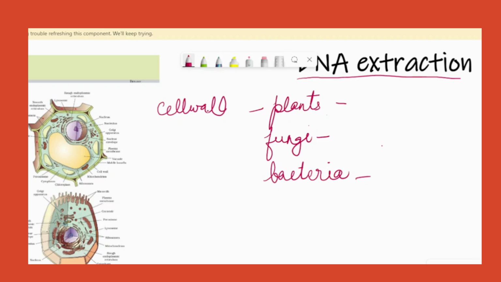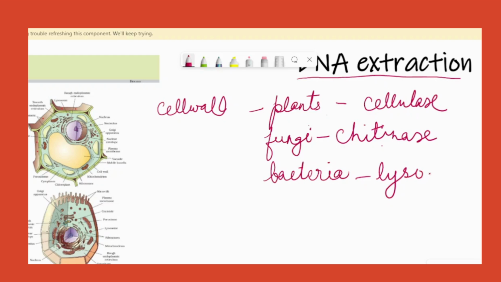For plants, since the cell wall is made up of cellulose, we will use the enzyme cellulase to get rid of it. In fungi, since the cell wall is made up of chitin, we will use the enzyme chitinase. And in bacteria, the cell wall is made up of peptidoglycan, which can be broken only by the enzyme called lysozyme.